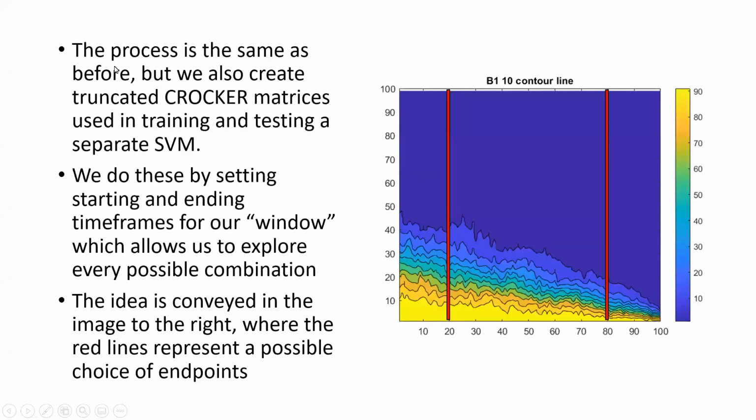And so here's the basic idea. The red lines would represent possible choices of endpoints for a window. And so everything between those would be a separate SVM from the full one, but it would only see these time frames.